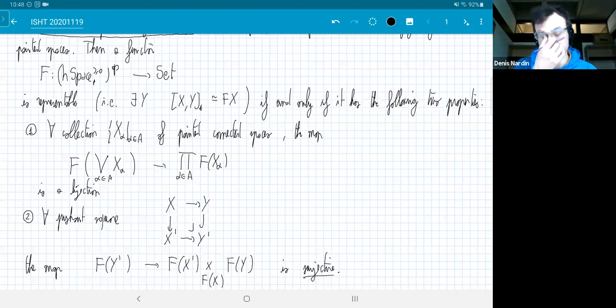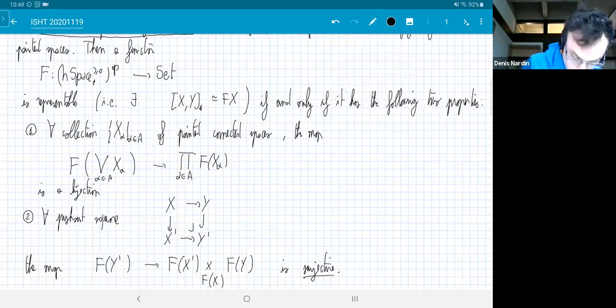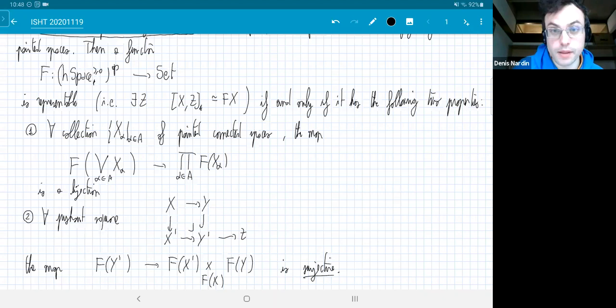So for example, imagine that you have a representable functor, represented by, let me call it Z. Giving a map from Y prime to Z is not the same thing as, so if F were a representable functor, the left-hand side is the homotopy classes of maps from Y prime to Z. And the right-hand side instead is the pairs of maps from Y and X prime to Z such that the composition is homotopic.